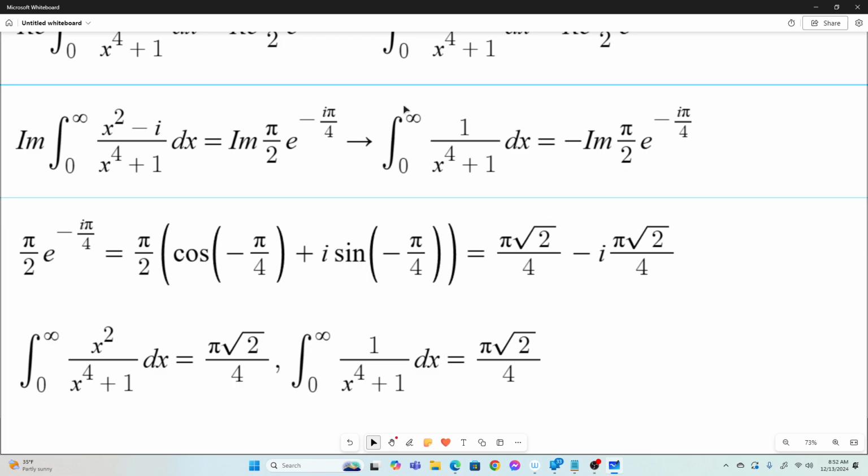We know that the integral from 0 to infinity of 1 over x to the fourth plus 1 dx is the negative imaginary part of e to the negative i pi over 4. Hold on, let me think here.